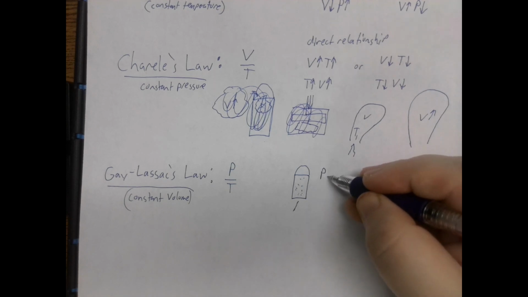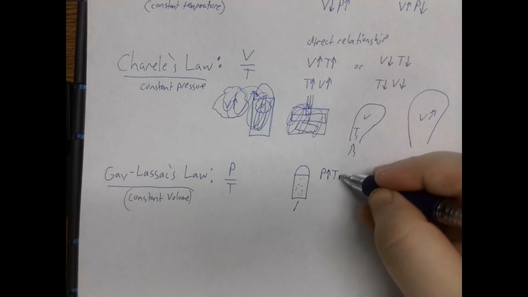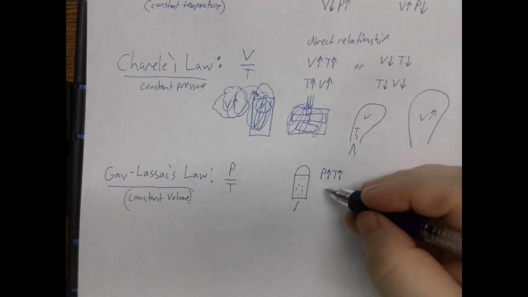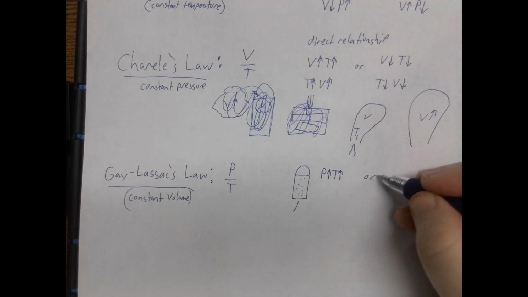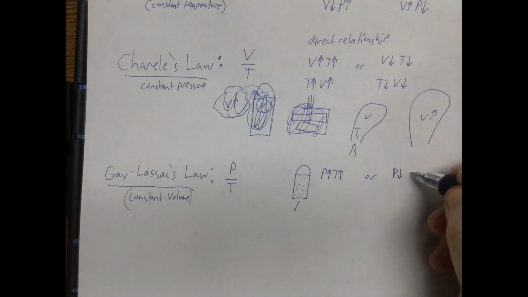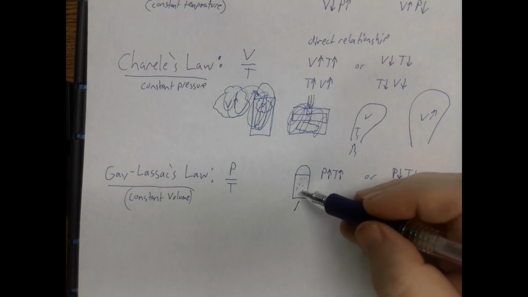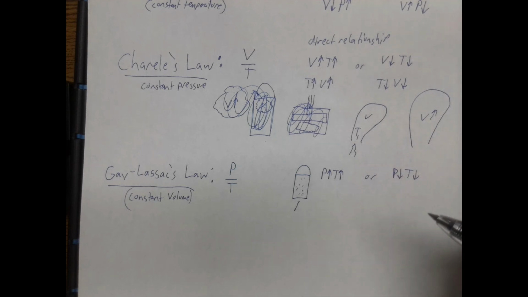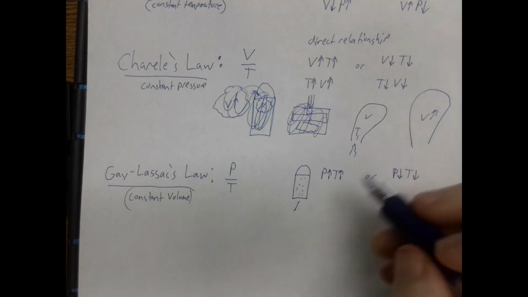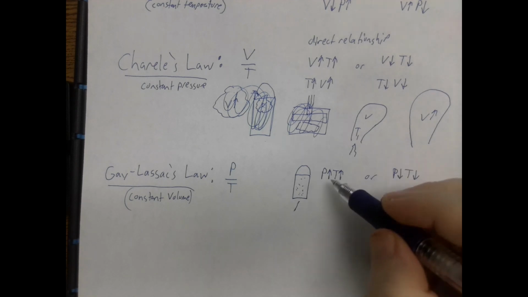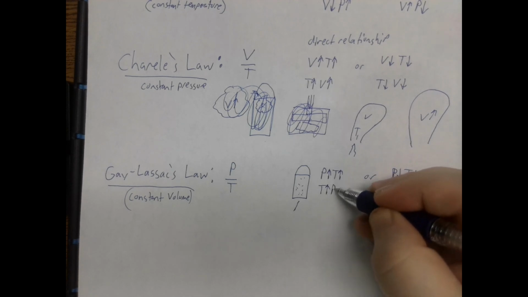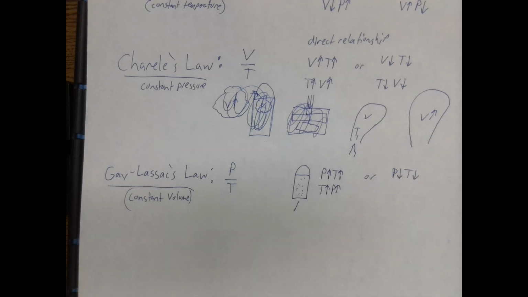So as pressure increases, temperature increases, or as pressure decreases, temperature decreases. If we were to increase the pressure of this can, the temperature of the gas is going to get hotter. Or another way of saying it, as we increase the temperature, pressure goes up. That's it for the day.